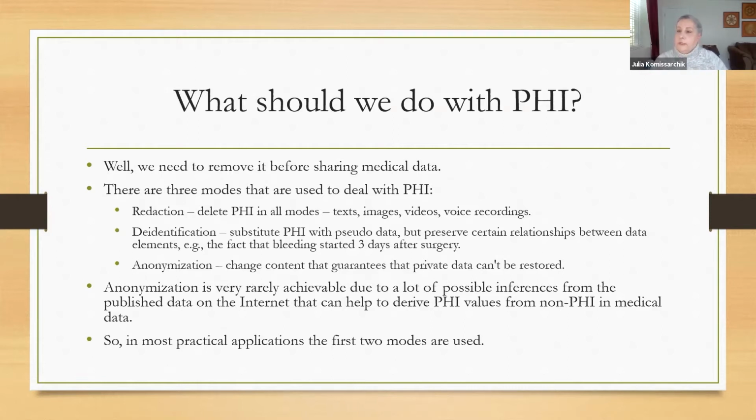For example, if somebody has a very distinctive tattoo that will be visible in the medical image, even though you would remove their name and information about them, that tattoo would identify them. And that's just an example. So in most practical applications, everybody's focusing on the first two: how to redact, meaning remove, or de-identify, meaning replace.